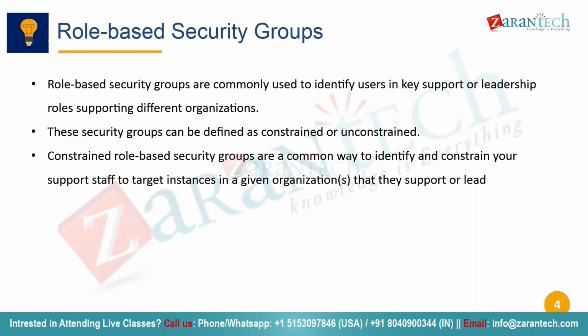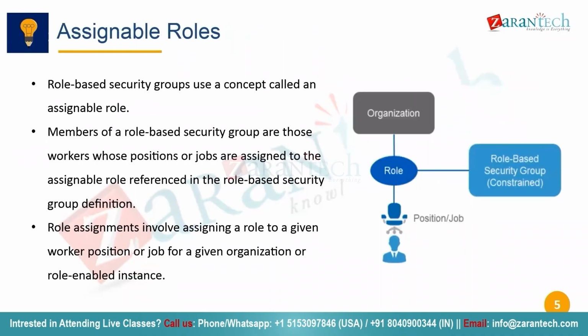So in general, from a work side of things, always look at unconstrained ones, not constrained ones. Now, the interesting part about role-based security groups is they have a concept of assignable role. These kinds of people are assigned to assignable roles, and those are indirectly linked to the role-based security.